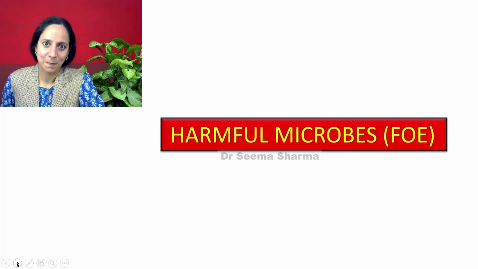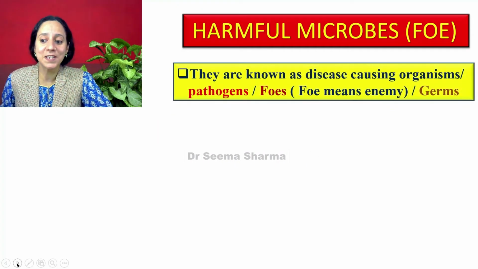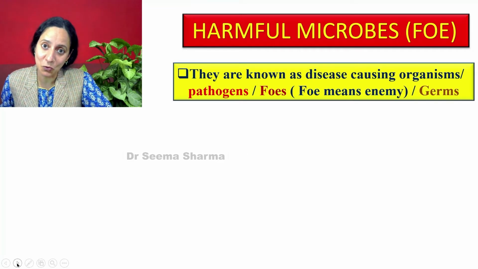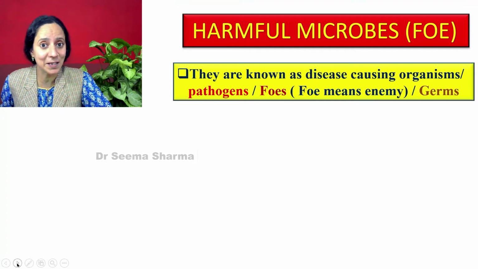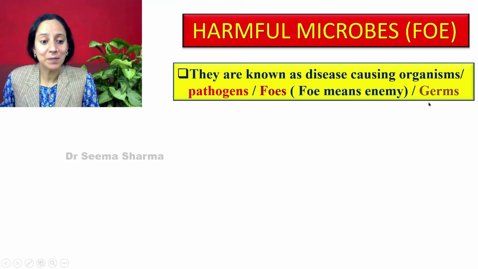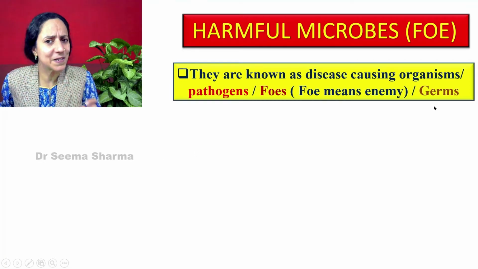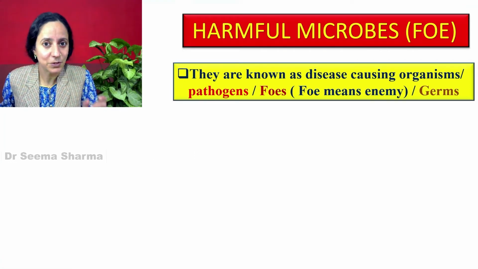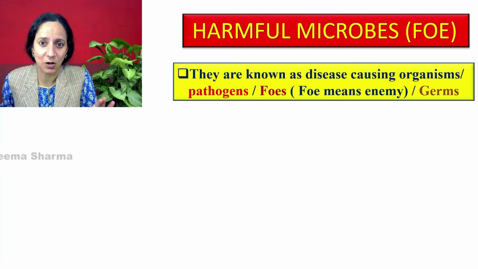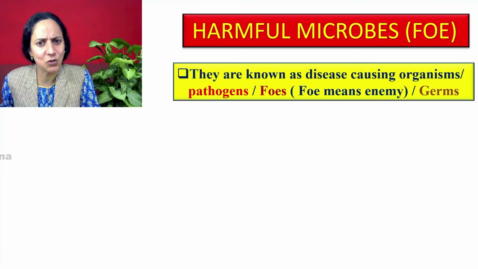Harmful microbes are also called disease-causing microorganisms, pathogens, or foes. Foe means an enemy. Sometimes they are also called germs, but this is a misnomer. The dictionary meaning of germ is any microscopic organism. It can be useful or it can be harmful.